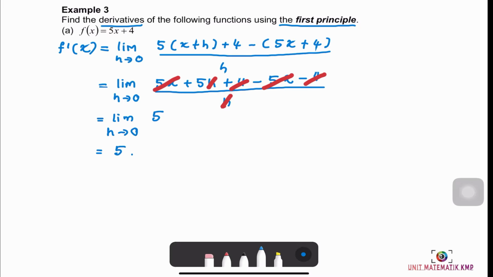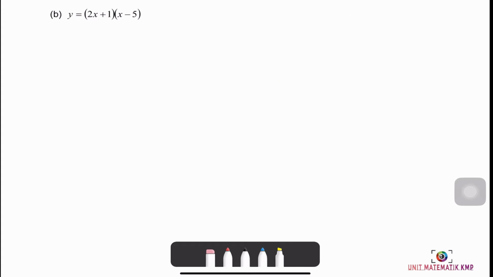Then example 3, question B. We have y equals 2x plus 1 multiplied by x minus 5. First, we expand this one. We will have 2x squared minus 10x plus x minus 5.